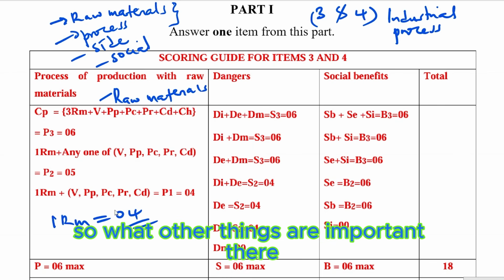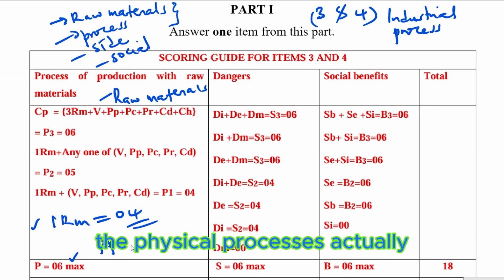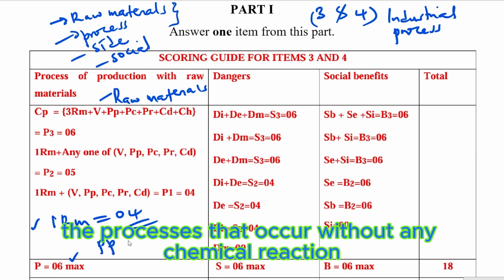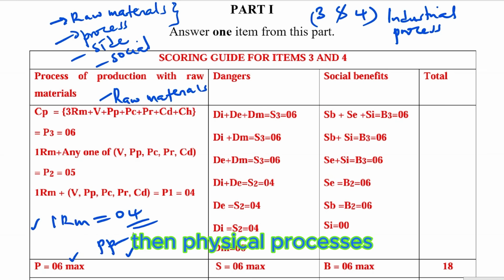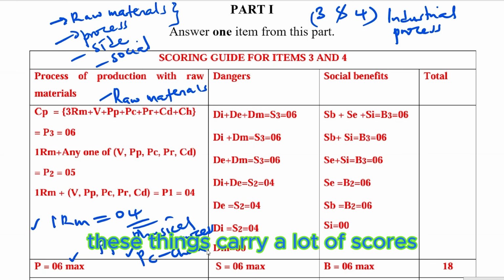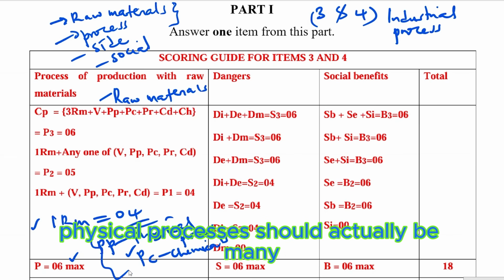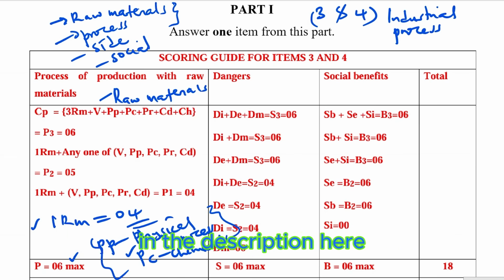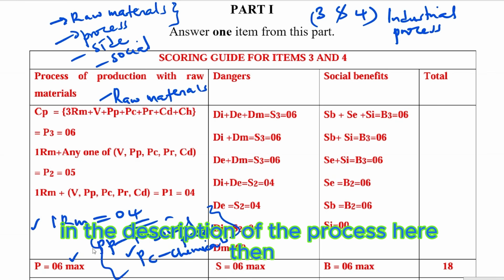So what other things are important there? The physical processes, actually the processes that occur without any chemical reaction. Then physical processes are very key. Then the chemical processes. These things carry a lot of scores, and normally physical processes should be many in the description of the process here.